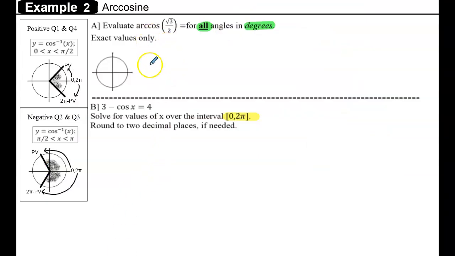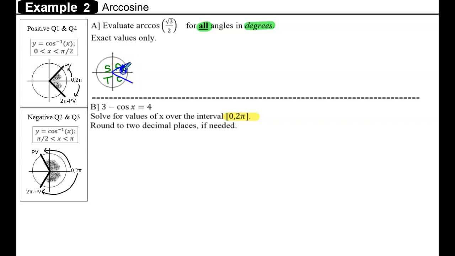So now in 2a, we're asked to evaluate the arc cosine of root 3 over 2 for all angles in degrees. So remembering our acronym, all students take calculus, the cosine is positive in quadrant 1 and in quadrant 4.